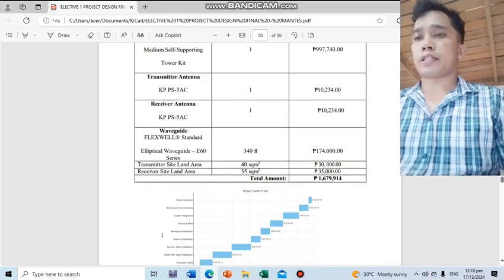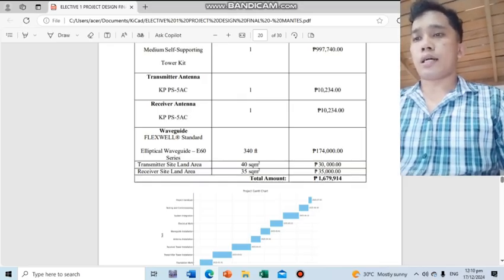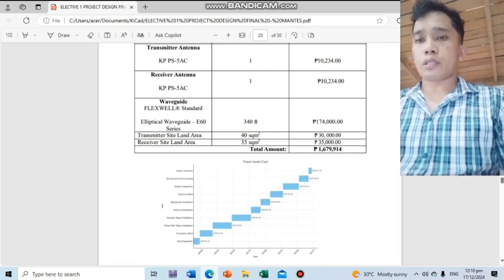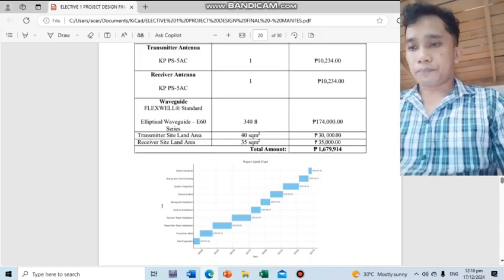The waveguide is Flexwell, a standard elliptical waveguide E60 series with an operating frequency of 5 to 6 point something gigahertz, at a cost of 175,000. The transmitter and receiver land areas are 30,000 and 35,000, for a total amount of 1,679,914.